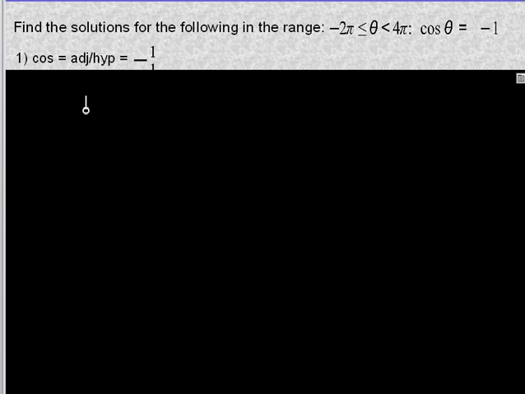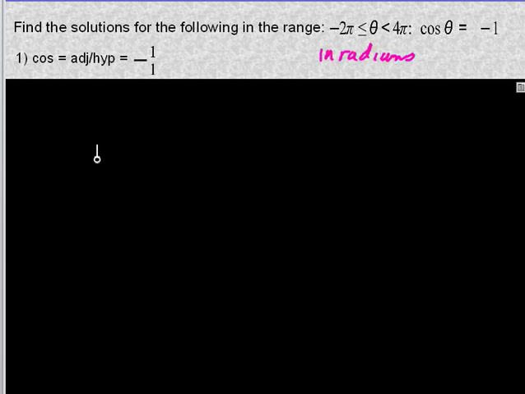Let's see, I have one more example and then I have one for you to try. So again, this is going to be an answer in radians. Cosine of theta is equal to negative 1. So again, we just make our denominator 1.